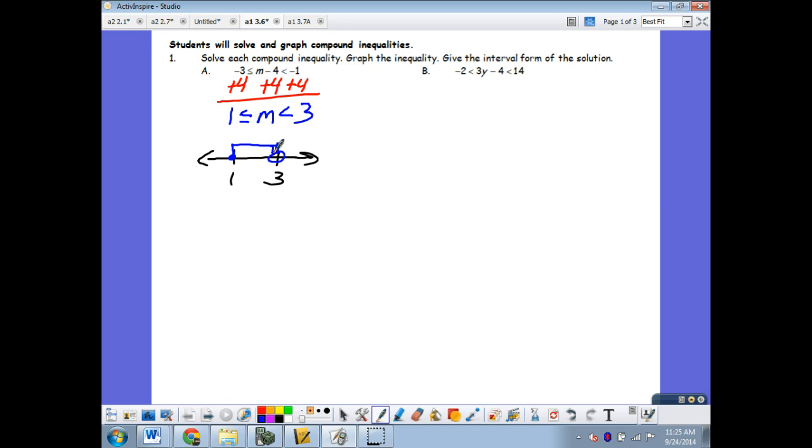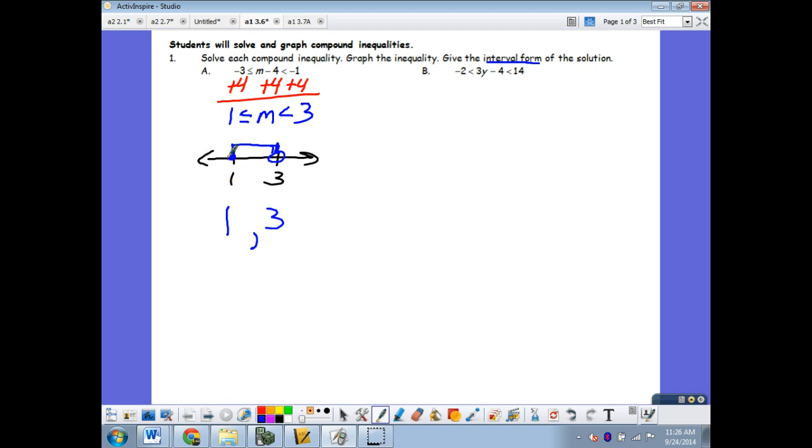And then with the interval form of the solution, interval notation, again, like we talked about on Wednesday, we go from the left end of the graph to the right end of the graph. So at the left end of the blue graph is 1, at the right end is 3.